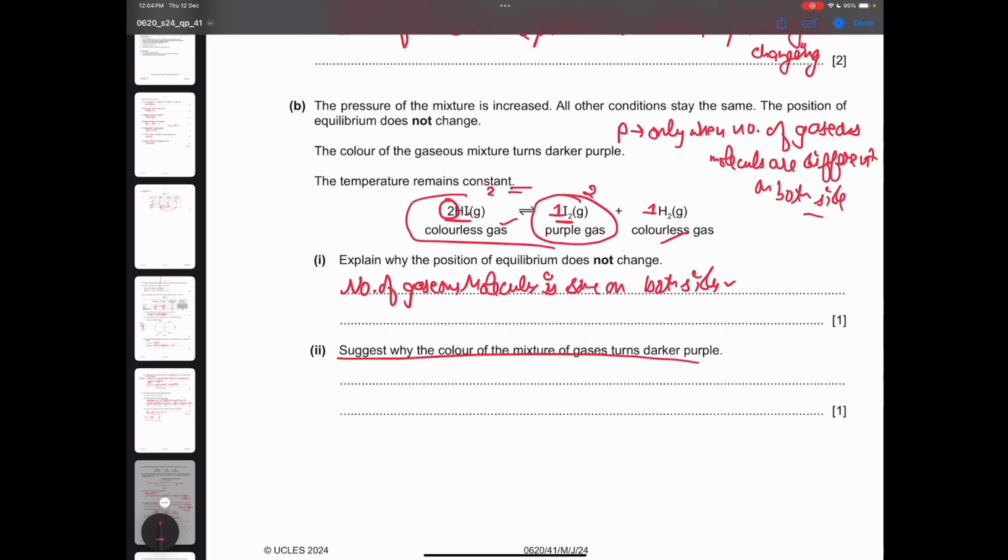So you can just mention iodine molecules are forced closer together. Now they will start showing their color. Or you can mention same number of iodine molecules in smaller volume. You are increasing pressure, so volume is decreasing. The purple color will now show.